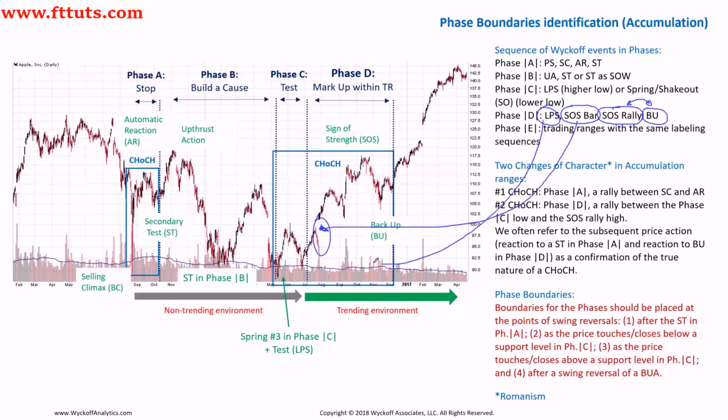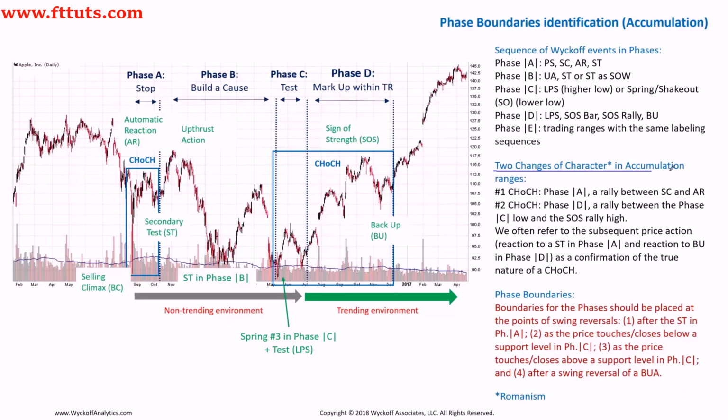Last points of support are going to be all of the reactionary lows on the sign of strength rally that present some kind of buying opportunity. Those are going to be short-term weakness situations where we're going to say that the long-term bias is to the upside, but the short-term bias has some kind of bearish bias behind it, and those are going to be the spots that are going to be associated with establishing or adding to the position.